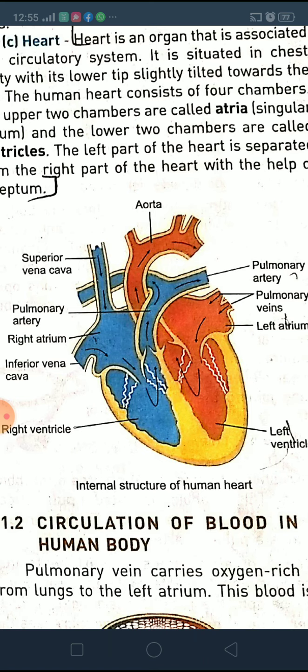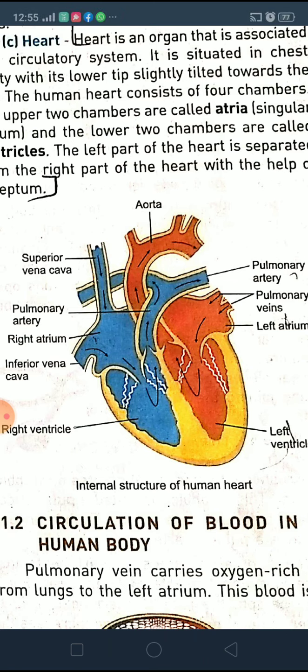The left part of the heart is separated from the right part with the help of a septum. Otherwise blood can mix together. Here you can see that blue color means impure blood, carbon dioxide rich blood, and red color means pure blood, full of oxygen.